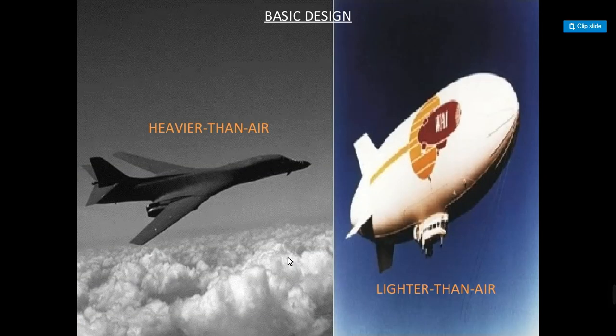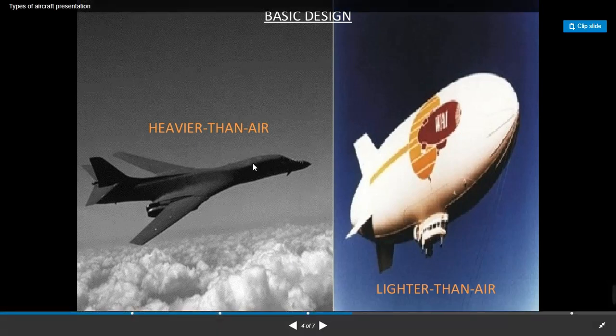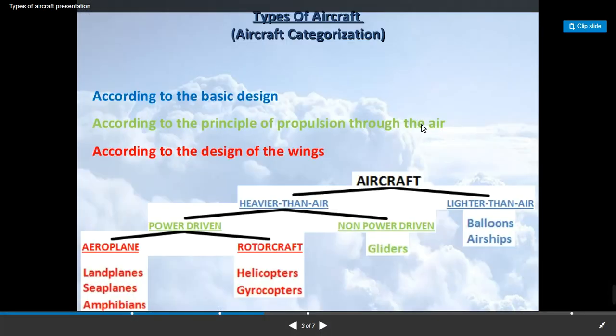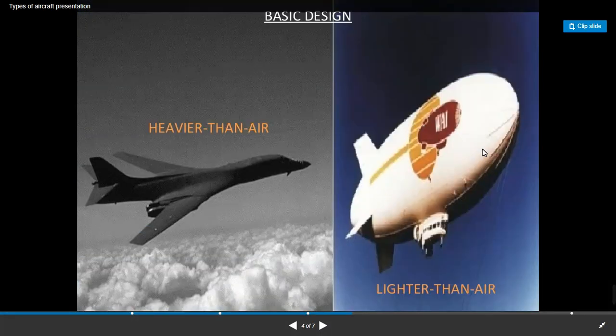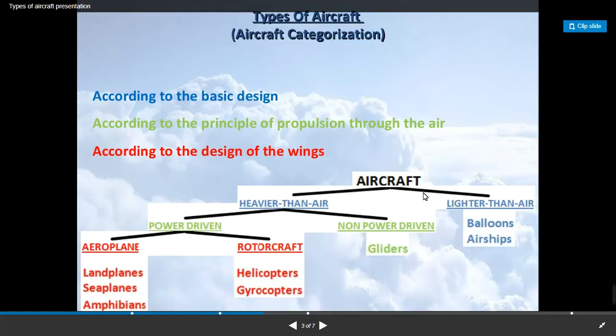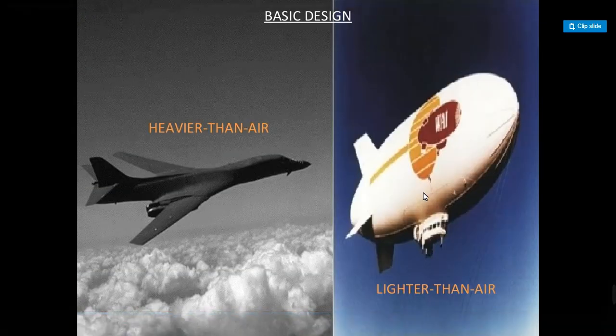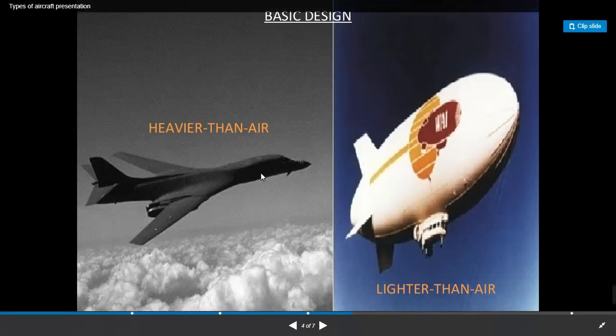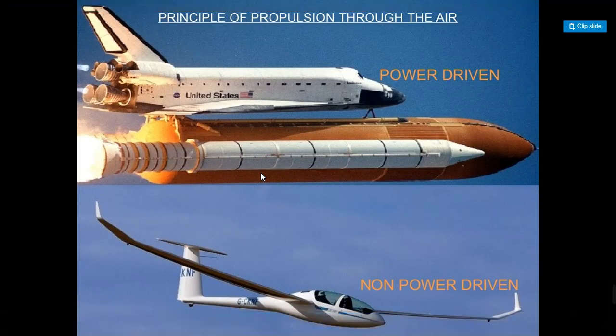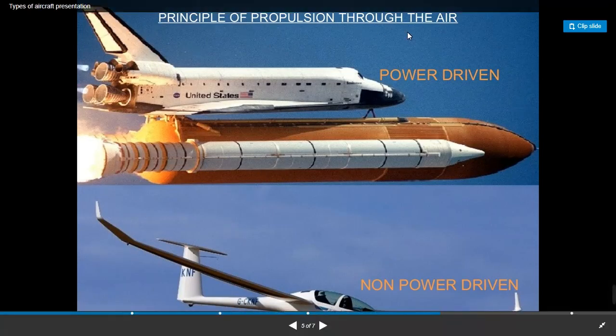Okay? So the basic design is we have heavier than air and lighter than air. So this is an airplane and this is a lighter than air. Katong sige niya klase airship. This is the airship and this is the katong airplane. Then principle of propulsion through air. So some are power driven, which is United States NASA. Of course, the logo of NASA is here.